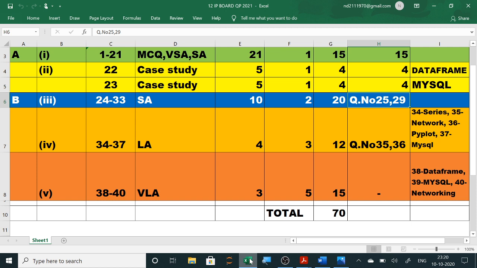Then part B, section 3, 10 questions, 2 marks, where internal choice in 2 questions. Then section 4, 4 questions of 3 marks, where internal choice in 2 questions. And the last one is 3 questions of 5 marks.